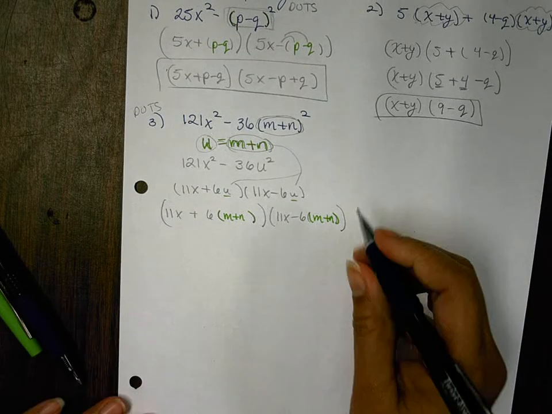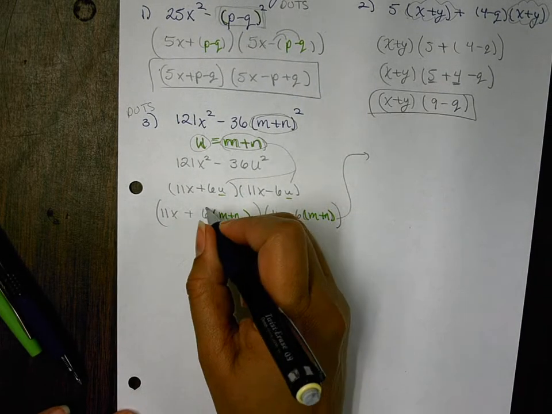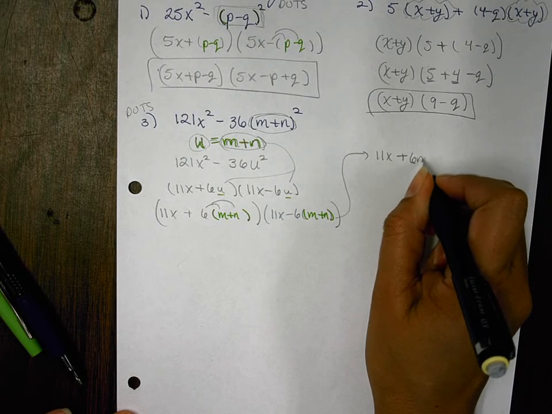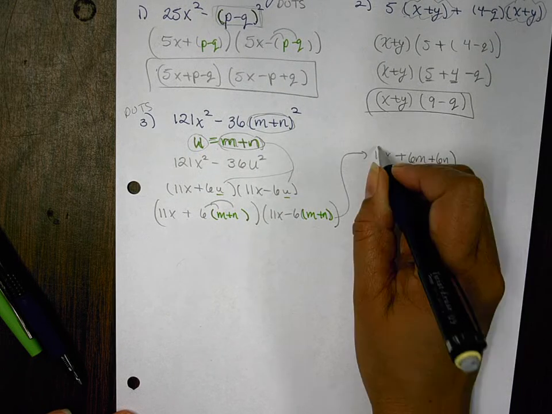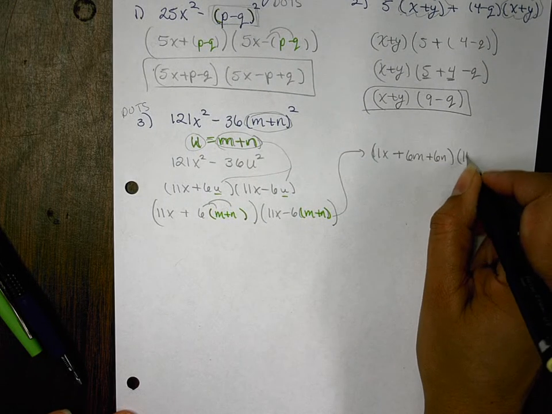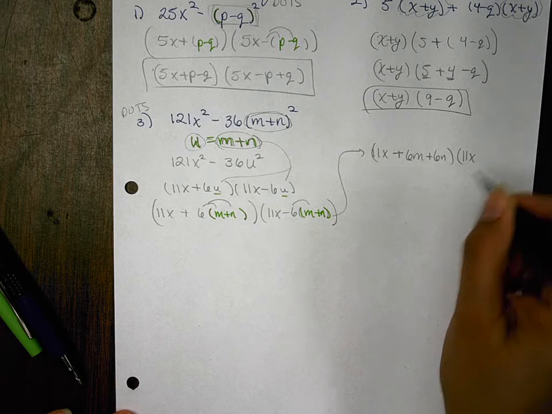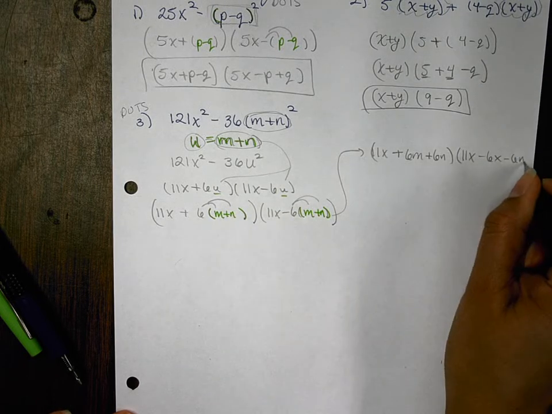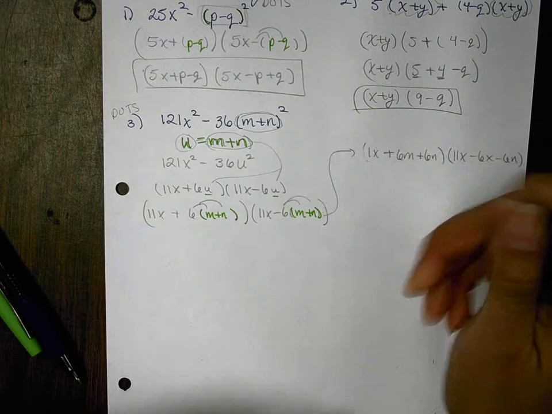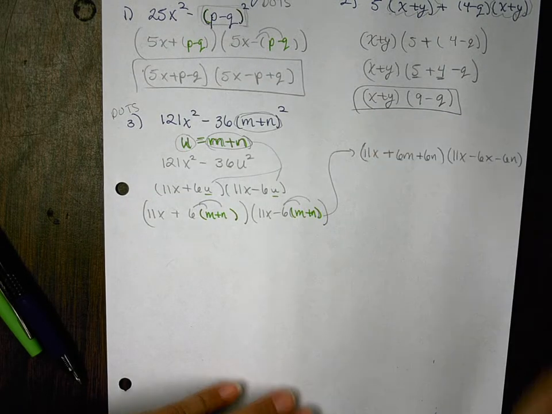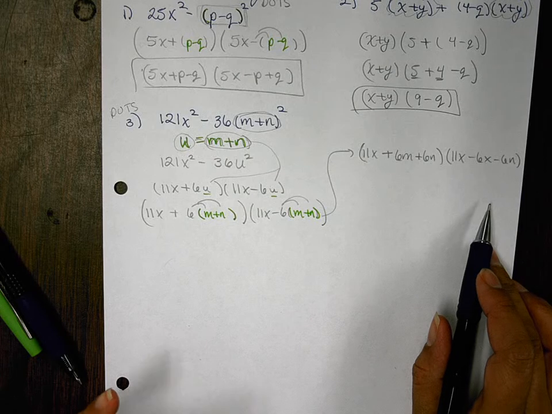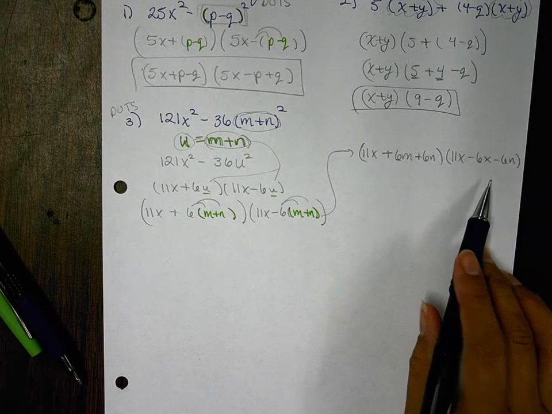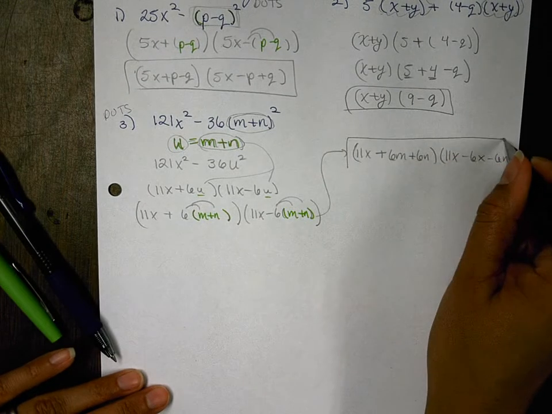Going to move my work up here and distribute: 11x plus 6m plus 6n and 11x, and now I'm distributing a negative 6, minus 6m minus 6n because of that negative. All right, and then like terms, if any like terms exist, and there are no like terms on this one, so this here is your final answer.